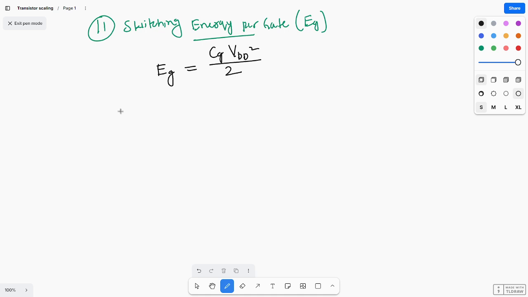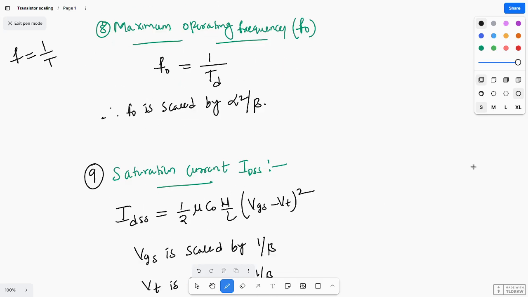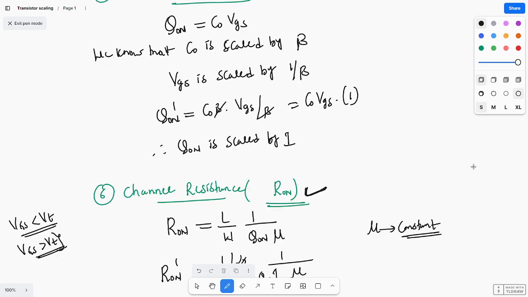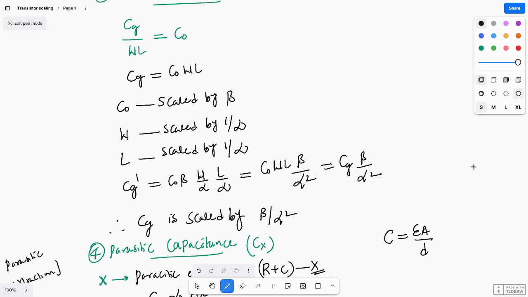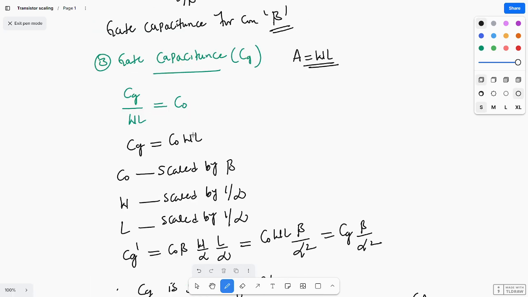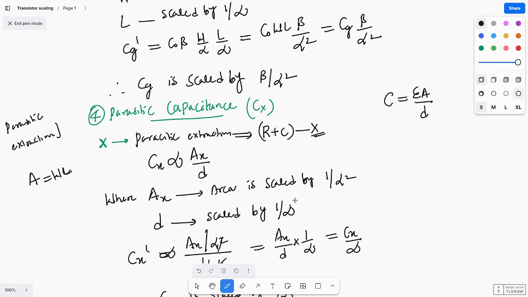We already saw what Cg is. Cg, the gate capacitance, is scaled by what? Tell me. Cg is scaled by beta by alpha square.